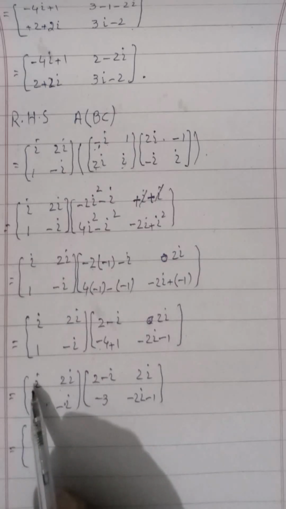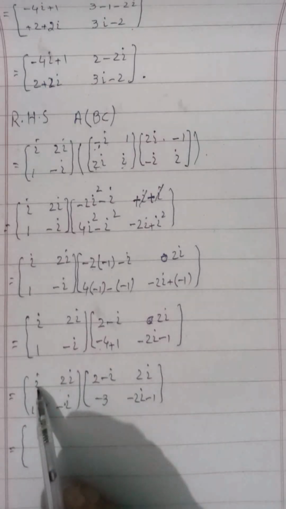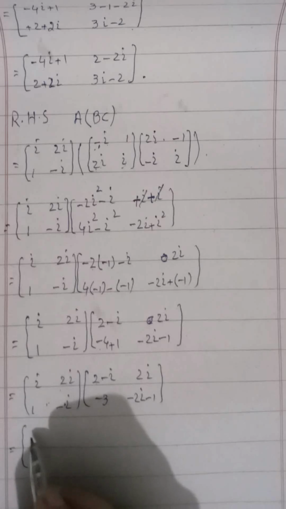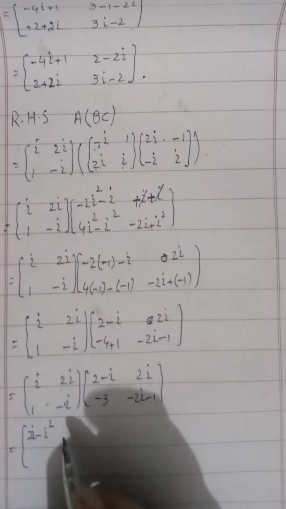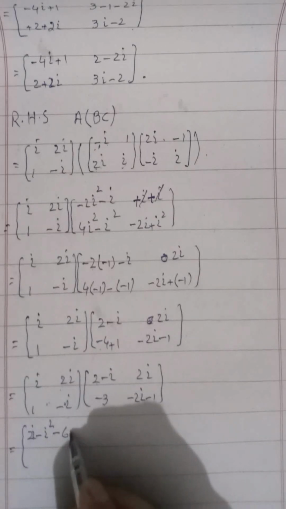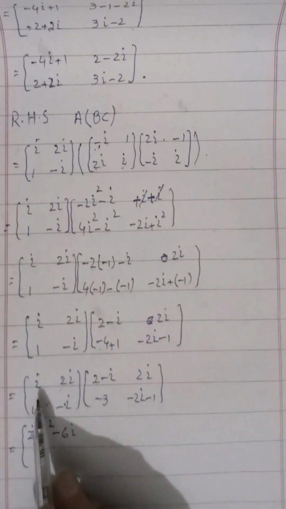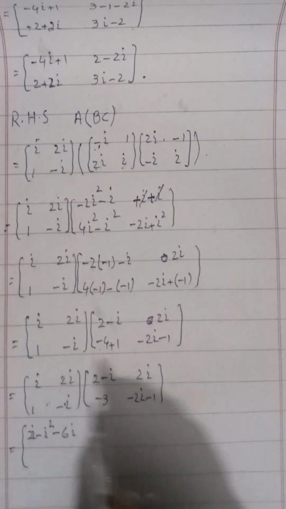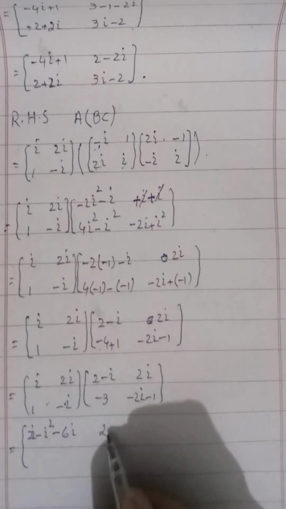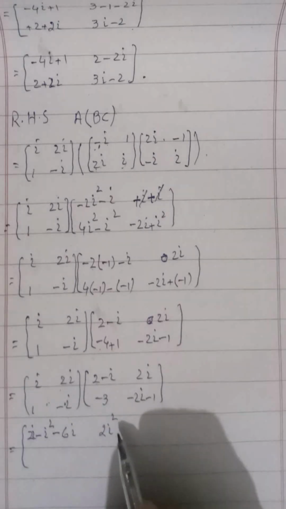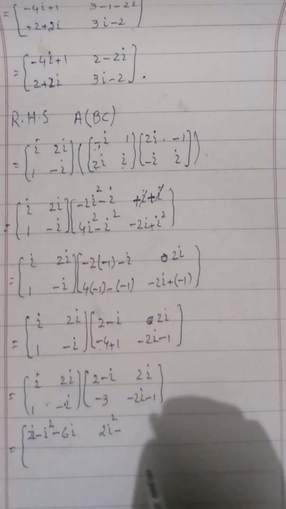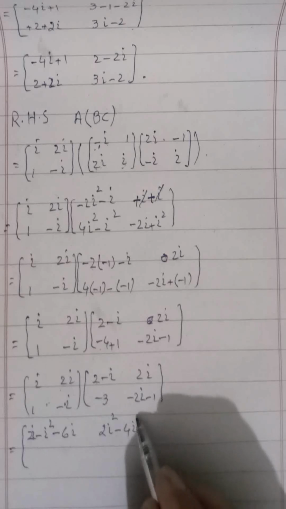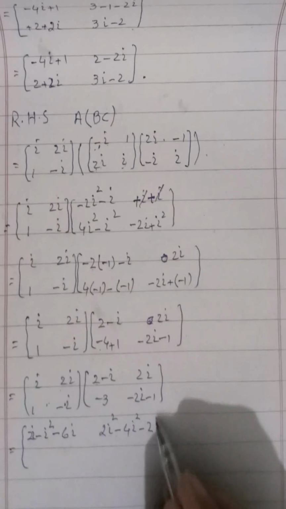So first row multiply with the first column. Iota multiplied by 2 minus iota, we get 2 iota minus iota square, minus 3 multiplied by 2 iota is equal to minus 6 iota. And first row with the second column, iota multiplied by 2 iota is equal to 2 iota square, and next is minus 2 iota multiplied by minus 2 iota minus 1, we get minus 4 iota square minus 2 iota.